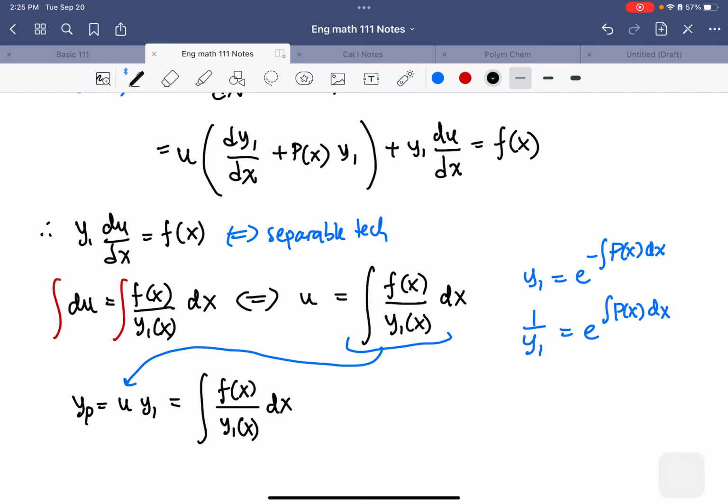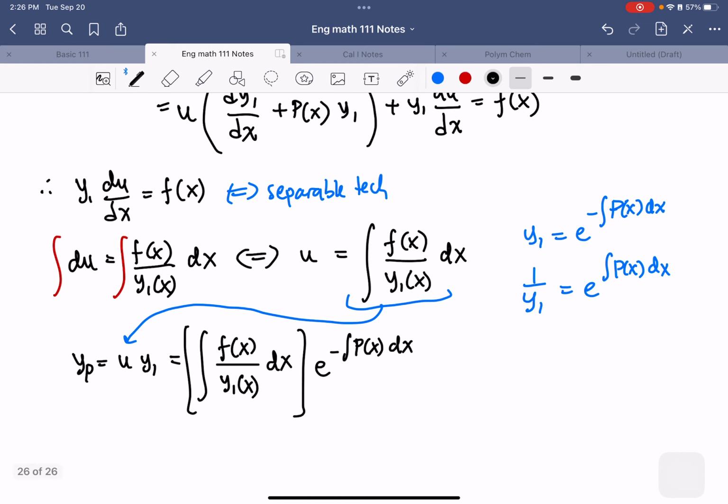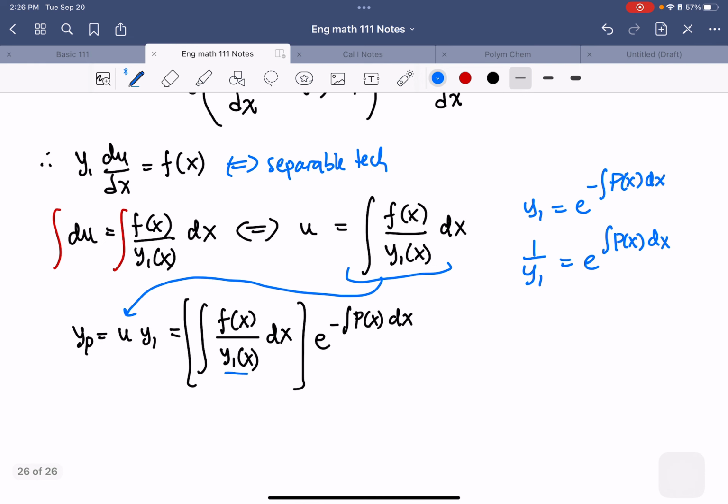And y1, you can take y1. Let me put the bracket here, and y1 is e to the negative integral px dx, and the y1 that is inside here also changes to this part.